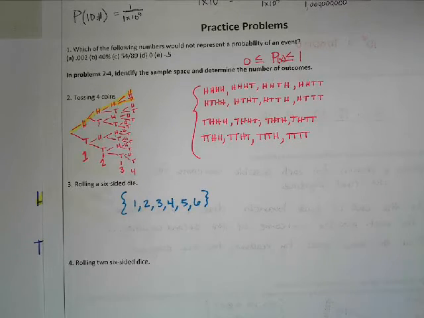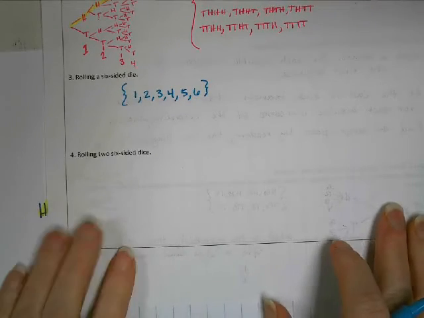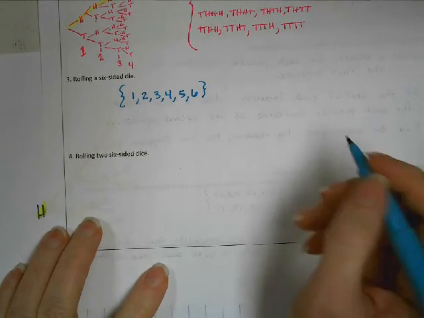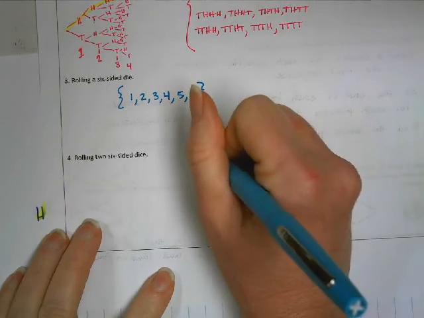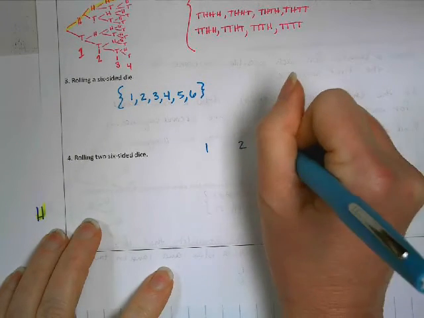Okay, but a lot of things that you do, you actually roll 2 six-sided dice. We will do this one frequently. So the easiest way to do it is in a table.